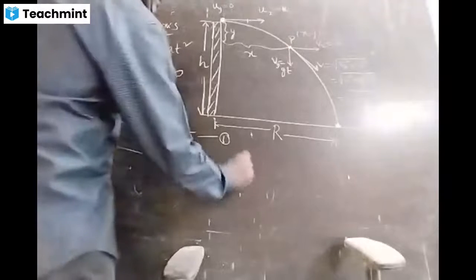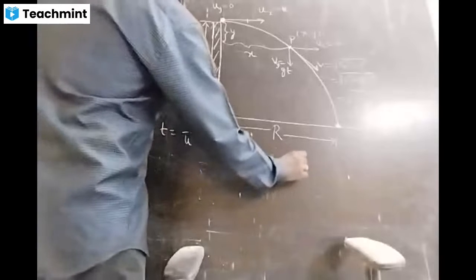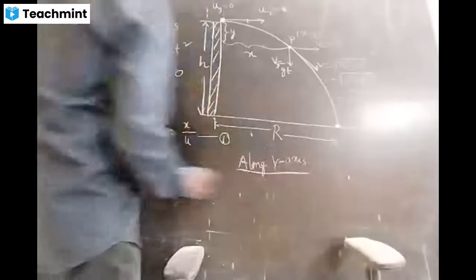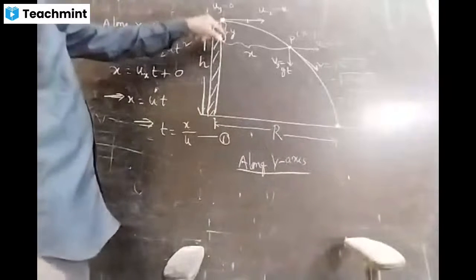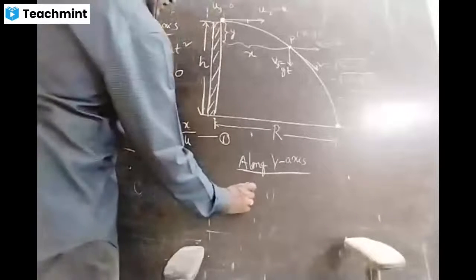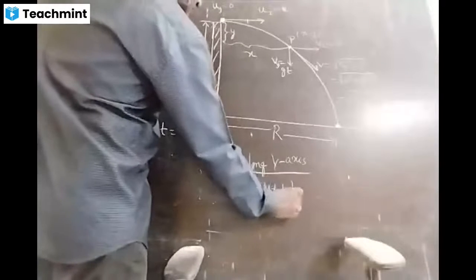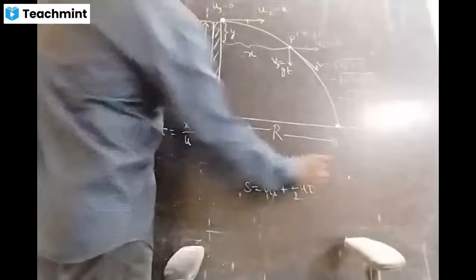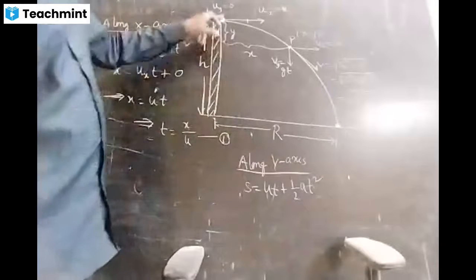Along the y-axis, what is the distance traveled by the particle? So let me use again s is equal to ut plus half at square. Now in place of s, what should I write?